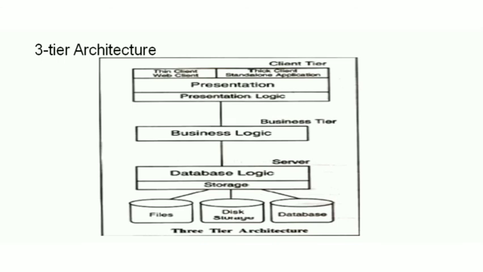Normally we perform the presentation part using HTML, right? So the GUI which is built for the web application is handled by the client tier. For example, HTML files are considered at the client tier in the presentation part.